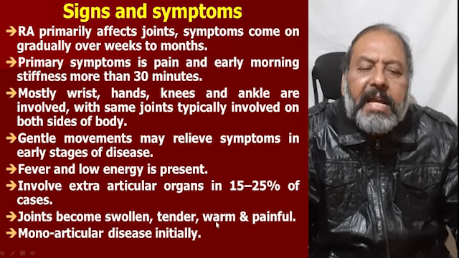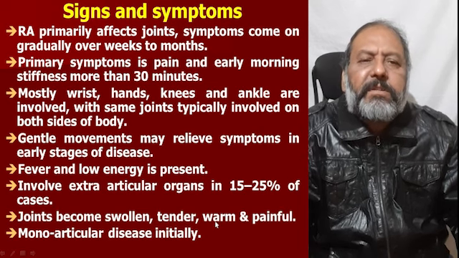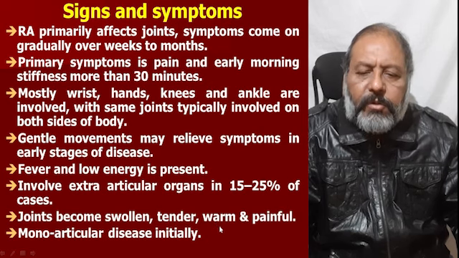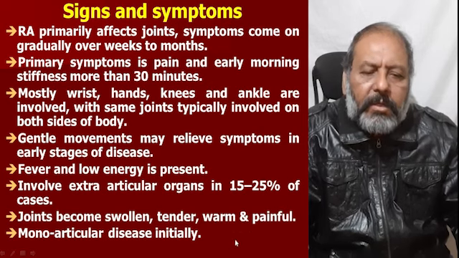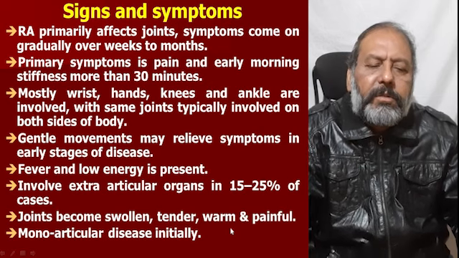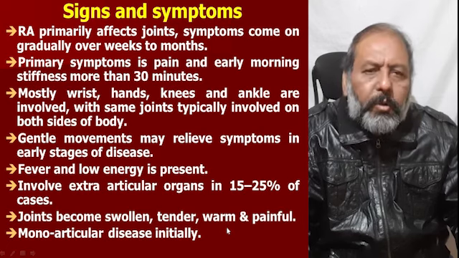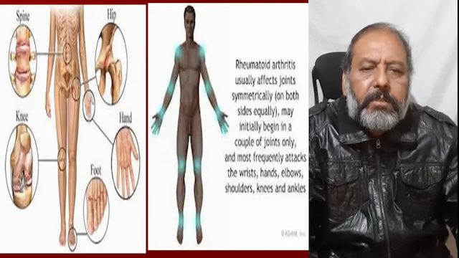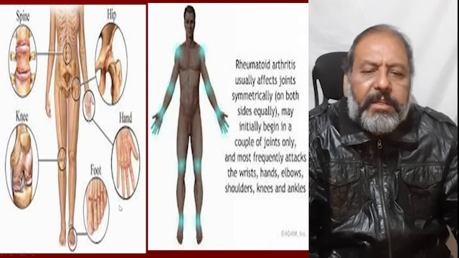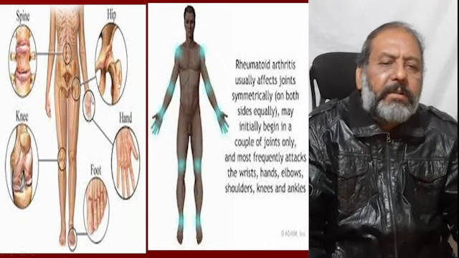It involves extra-articular organs in 15 to 25% of the cases. Besides the joints, other organs are also involved. The joint becomes swollen, tender, warm, and painful. Monoarticular disease is present initially, then it involves the joints on both sides. So here one can see the spine, the knee, the foot, the hand, and the hip joint are involved.